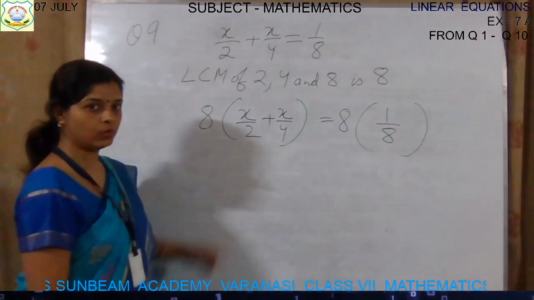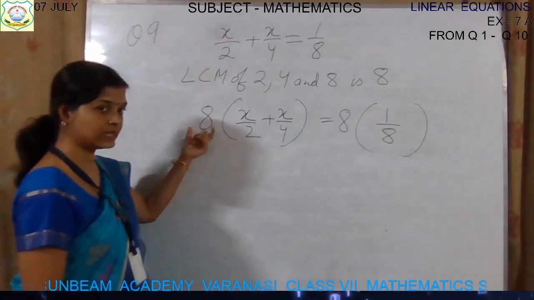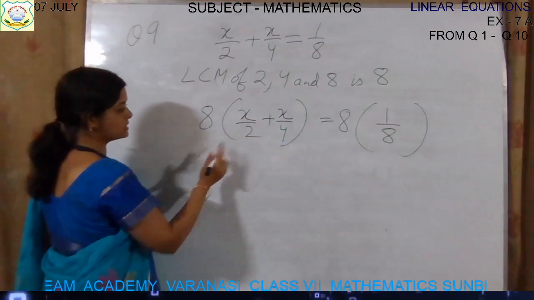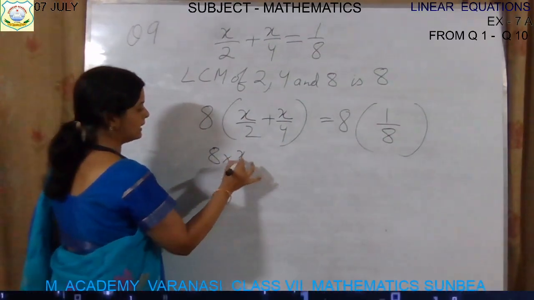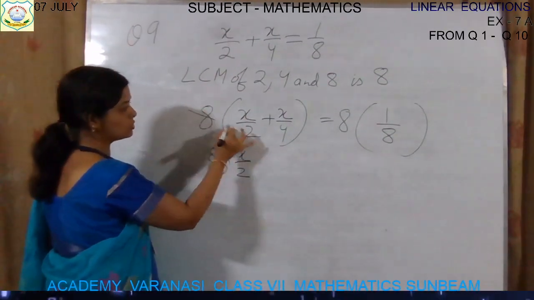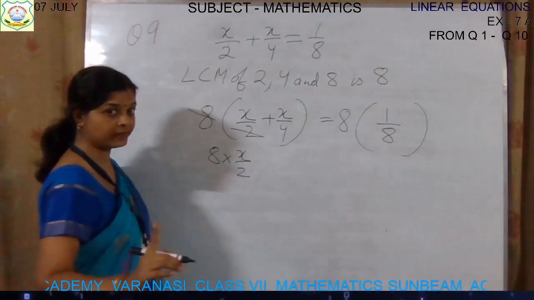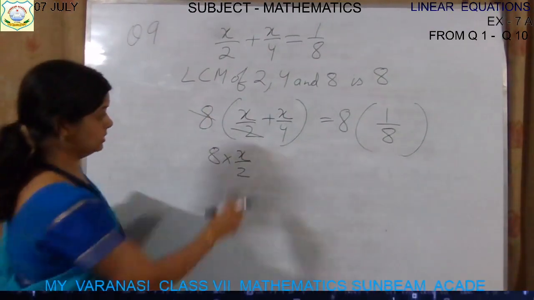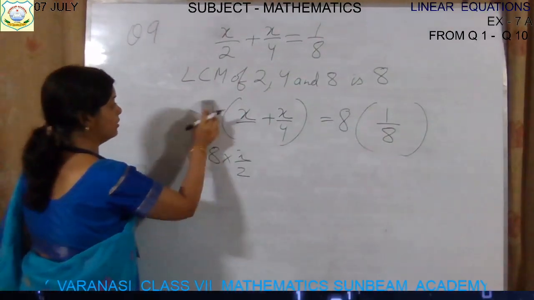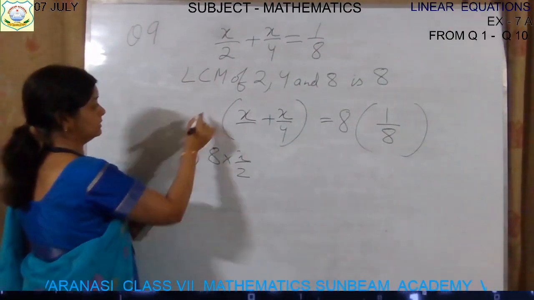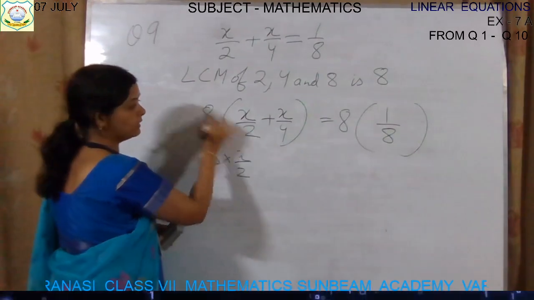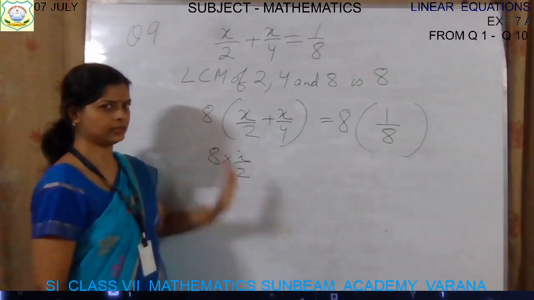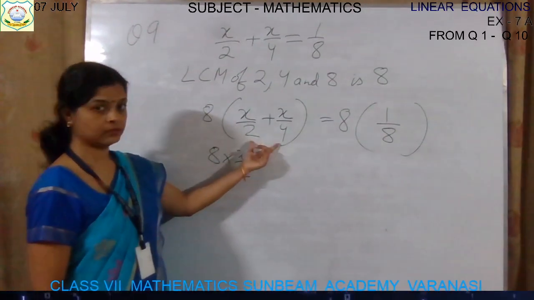Now open the bracket. Multiply this 8 with all the terms. 8 will multiply with the first term, 8 into x by 2. You cannot solve it in this way, children. Never ever, because there are 2 or more terms. That will be wrong. Generally children used to cut it down directly, 2 and 8. No. See, there are 2 terms.